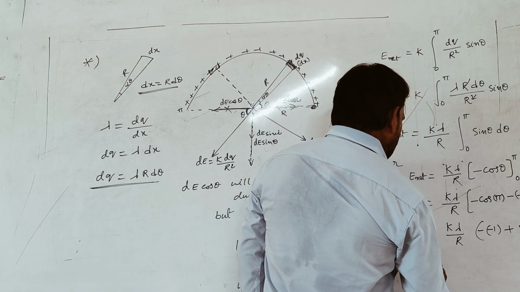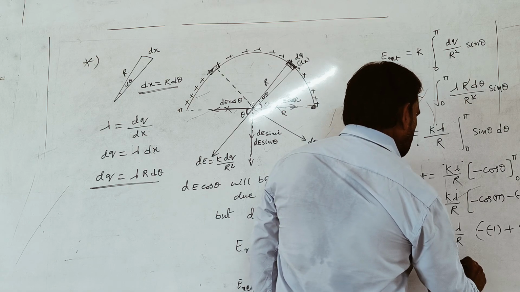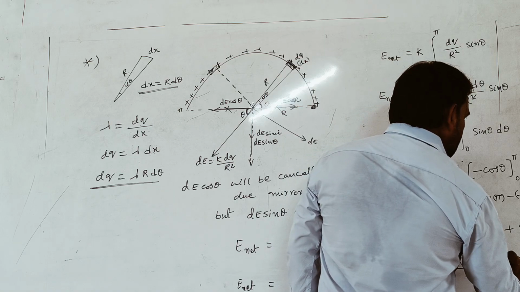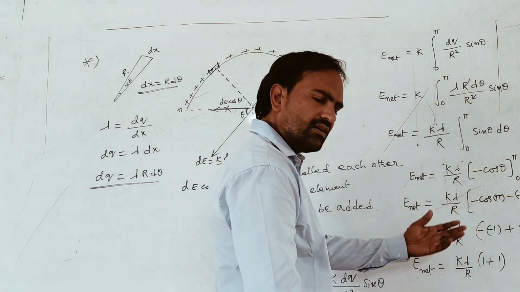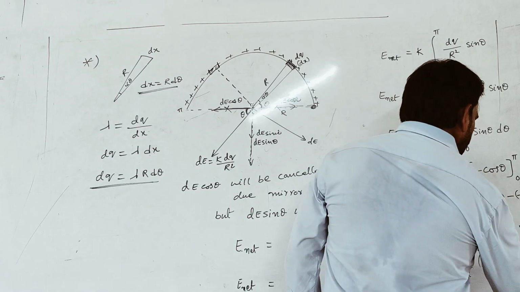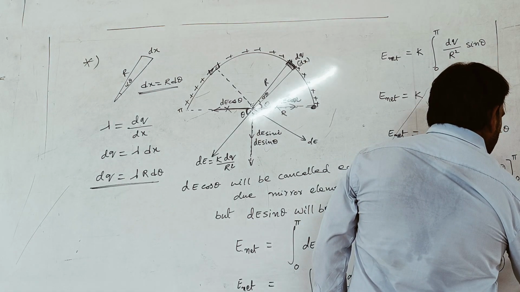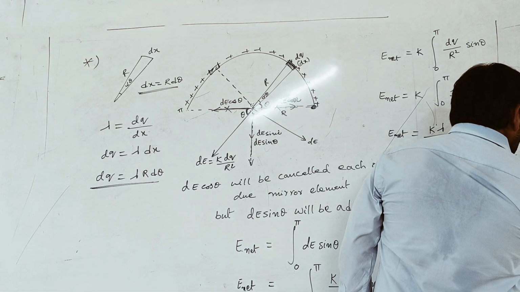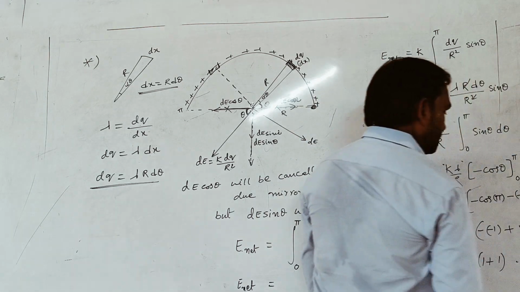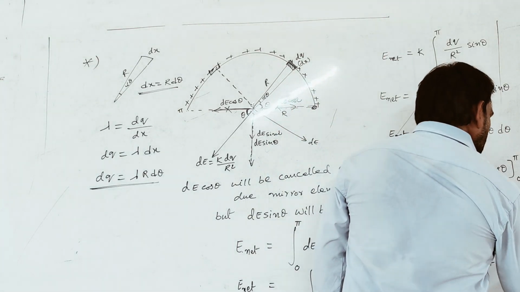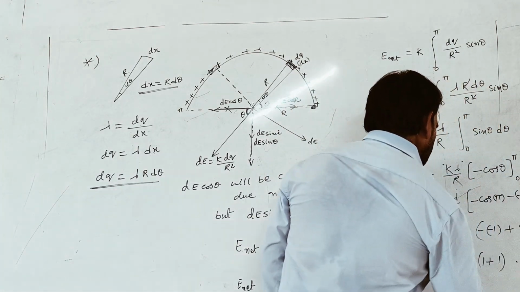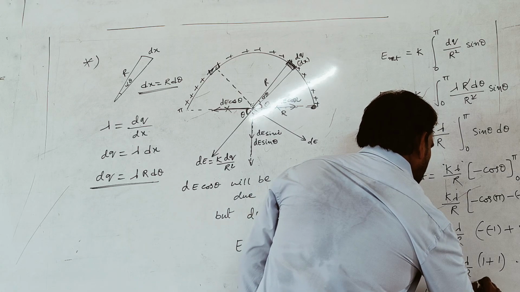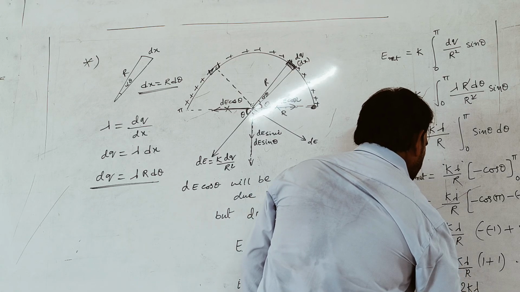So finally, E net is equal to k lambda by r times 1 plus 1, which is 2. Therefore E net is equal to 2k lambda by r.